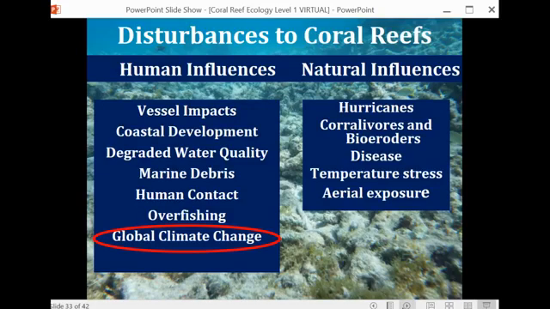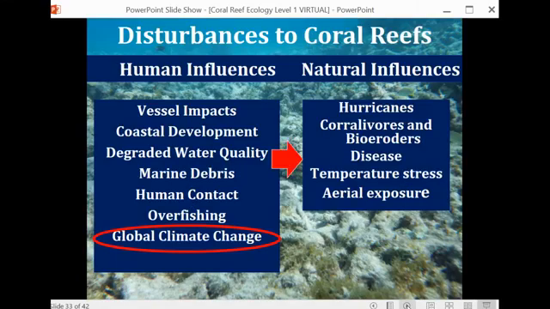Otherwise, they just completely stress and freak out and generally don't survive, okay? The other thing that's happening with global climate change in our corals is the ocean is becoming more and more acidic. That's an issue for corals because limestone is basic. So not a good mix for our poor corals there.